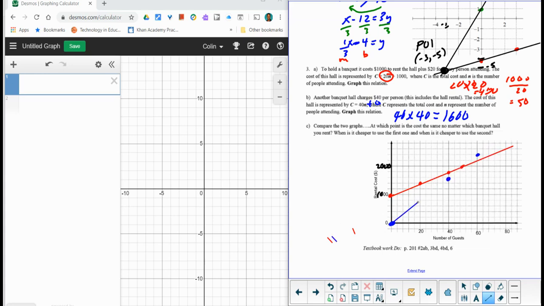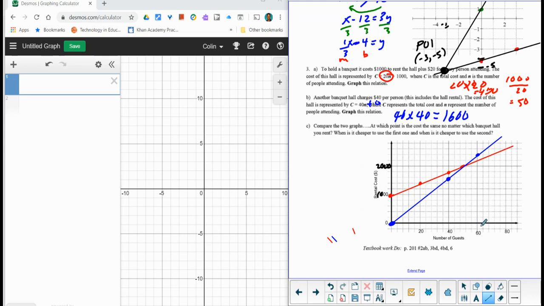It started low, so you might think, oh, we're saving a ton of money by not paying for the $1,000 rental at first. Okay, so yeah, you're saving a lot of money. But let's say this is a wedding or something, you're going to go over 50 guests probably. Pretty often you're going to do that.